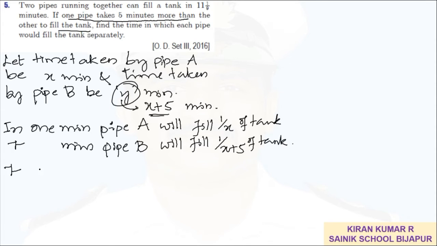So in 1 minute pipes A and B together will fill 1/x + 1/(x + 5) of the tank.